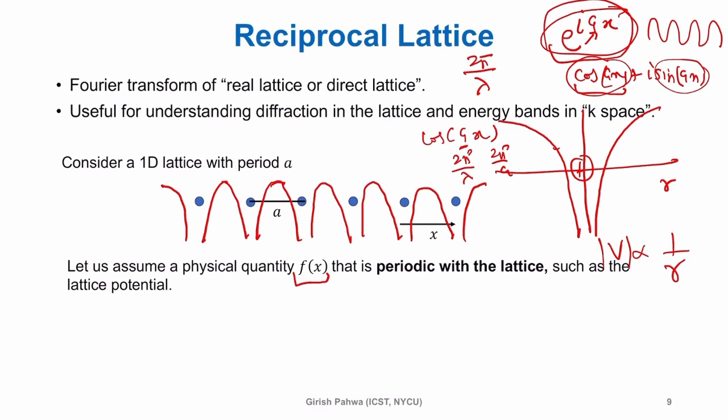There are several waves of different wavelengths, and you are taking the algebraic sum of those waves. So how do you take the algebraic sum? You have e to the power iota g1x, e to the power iota g2x, e to the power iota g3x, and so on. Let's multiply them with some constants, c1, c2, c3, and now let's take the sum of these.